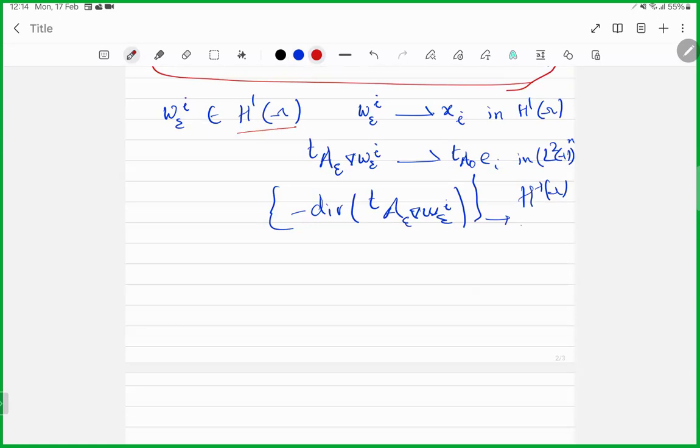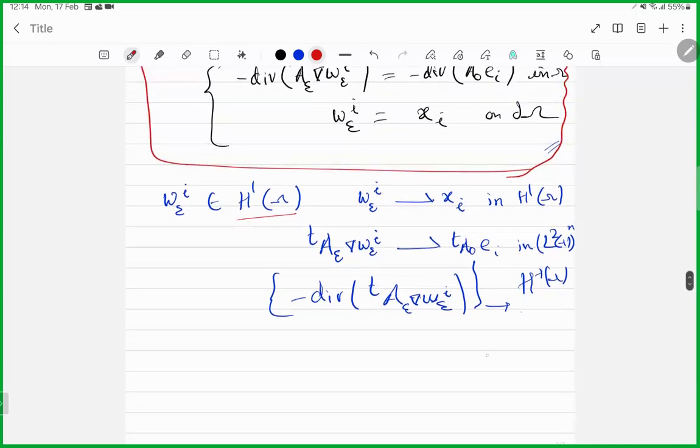Xi is the ith projection of X, if X is an element.